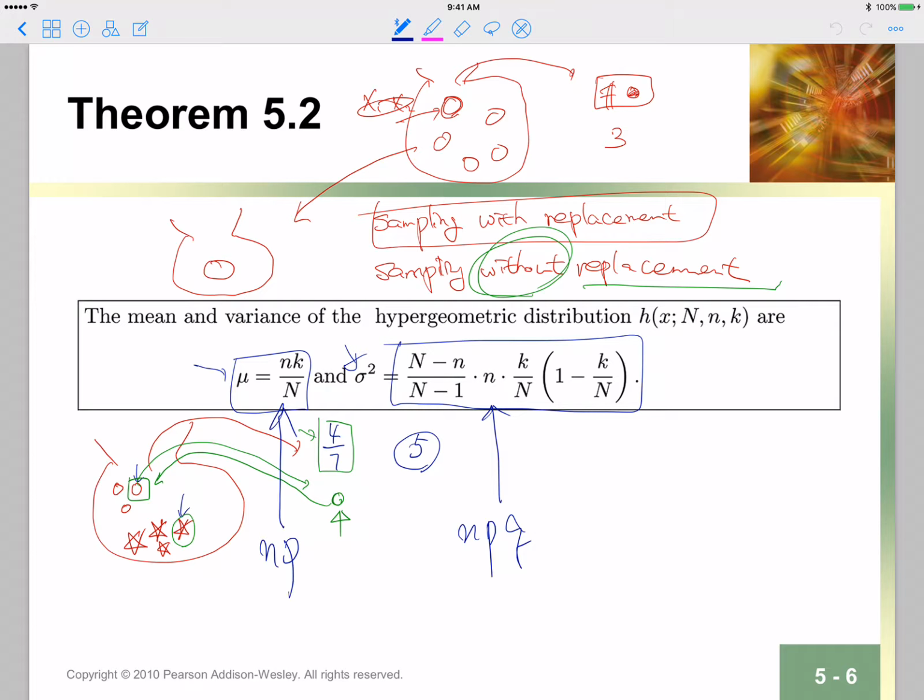Okay, and then also we will learn a few more probability distributions, but there are a few things that you have to keep in mind. So the distribution is represented in this form. It has the name hypergeometric, so we use the first letter H. So that's the distribution name.